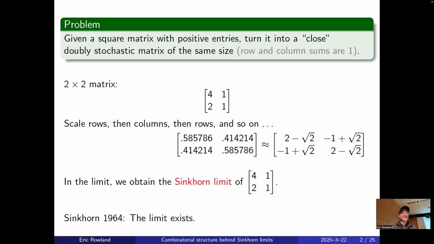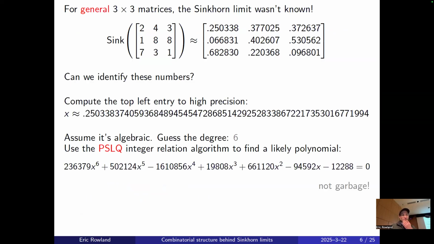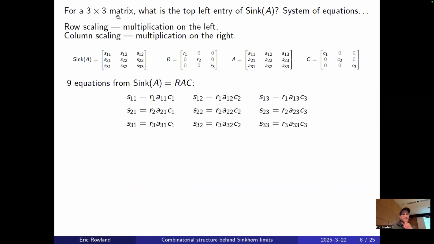That's a great question. So if we start scaling the columns first instead of the rows, what happens? It turns out the limit is the same. So it doesn't matter. There's a characterization of the Sinkhorn limit. You can maybe see it mostly from this.